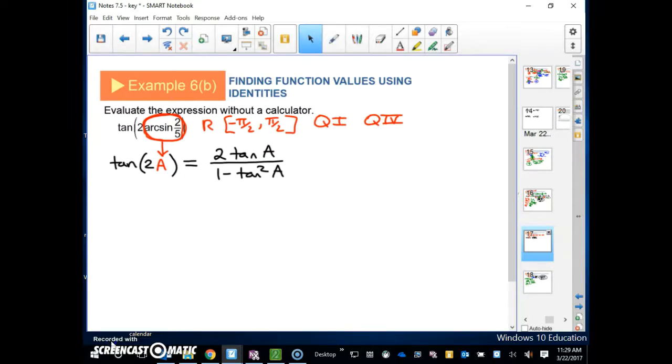And so you should notice that this is a positive fraction, that the 2/5 is a positive ratio. And what that's going to do is that's going to tell me that I'm in the positive realm. We're in quadrant 1, not in quadrant 4. And so what I ought to be able to do is draw a picture of that angle in quadrant 1. So let's do that.